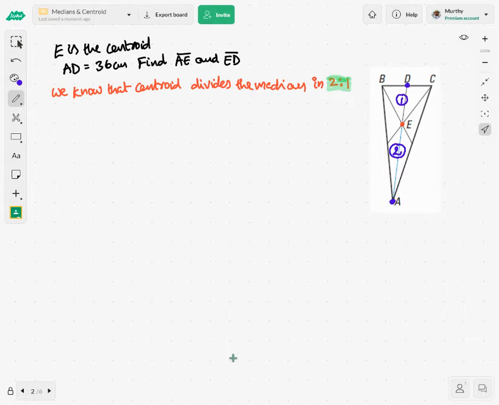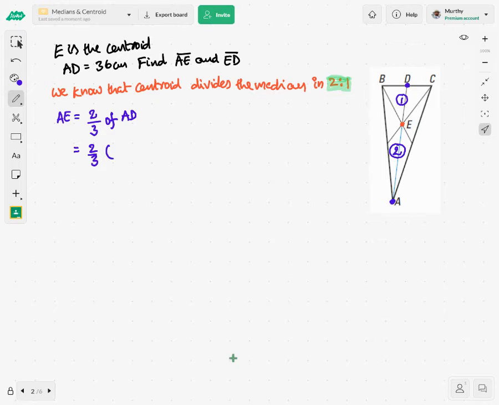So if I am taking the length of AE, that is 2 out of 3 parts. Friends, please see that if you are counting, AE is 2 parts and ED is 1 part, so 2 and 1, that is 3 parts. So it is 2/3 of the whole length AD. Now just plug in the values.